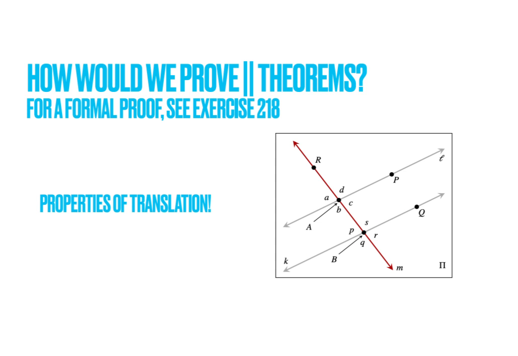So I could translate this guy up here. I could see that P is congruent to A, S is congruent to D, Q is congruent to B, R is congruent to C. So for a formal proof, an EMF style proof, see exercise 219. I have put that in as a model answer.